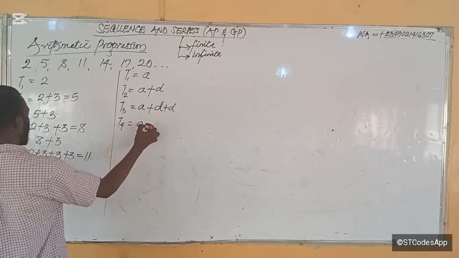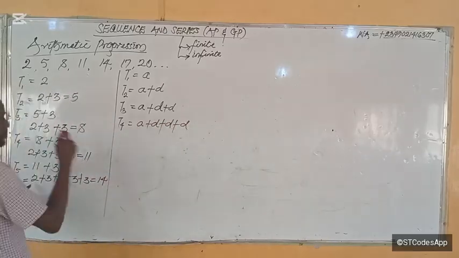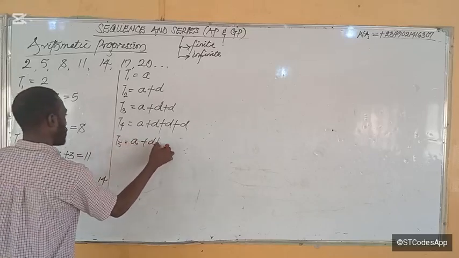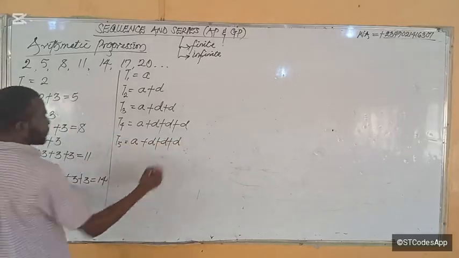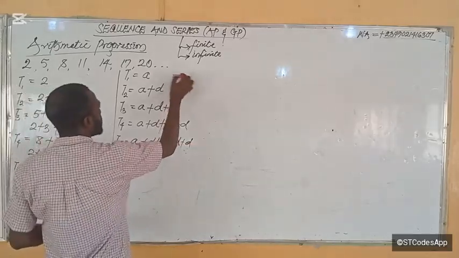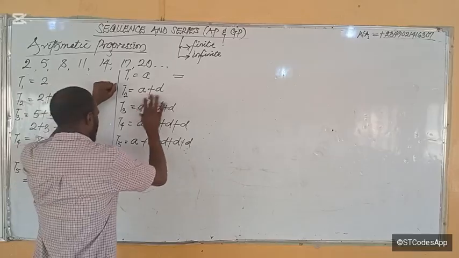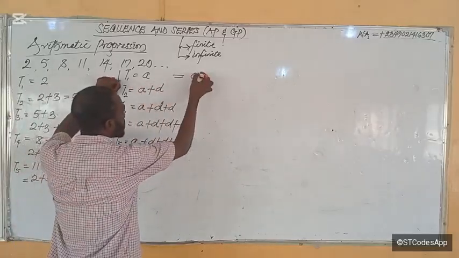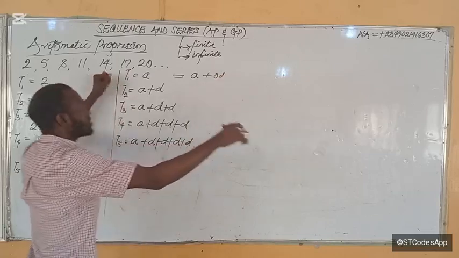Then T4 is actually A, the first guy, plus D, plus D, plus D again. Make sense? Then T5 is actually A plus D, plus D, plus D, plus D: 1, 2, 3, 4. By the time we come out with an expression, we have T1 is A plus no D. There is no D here.